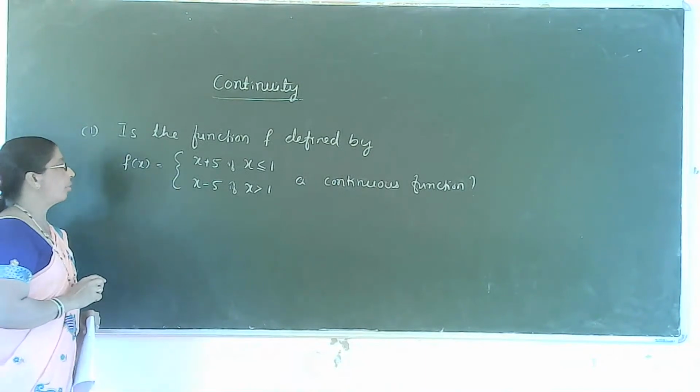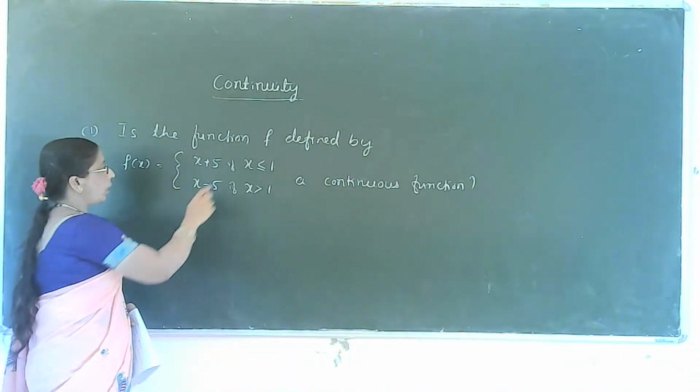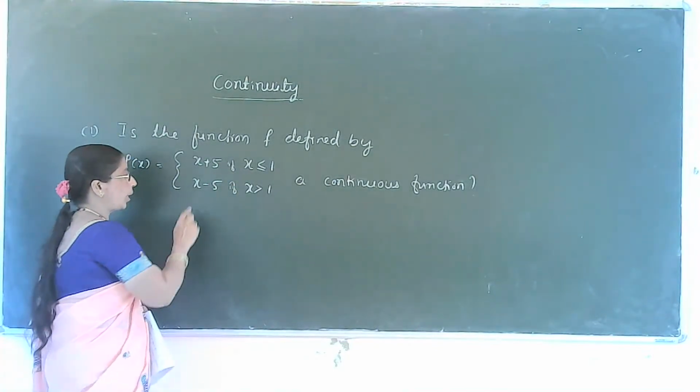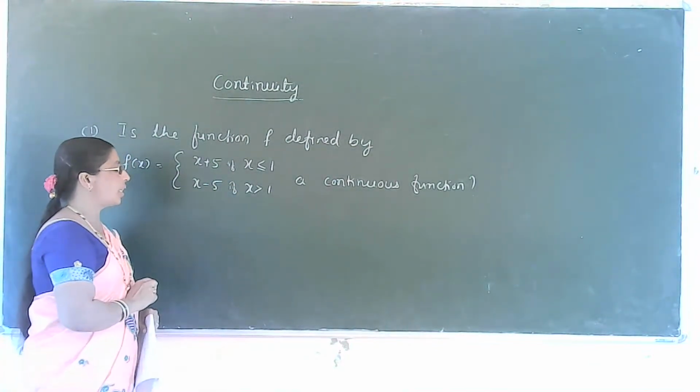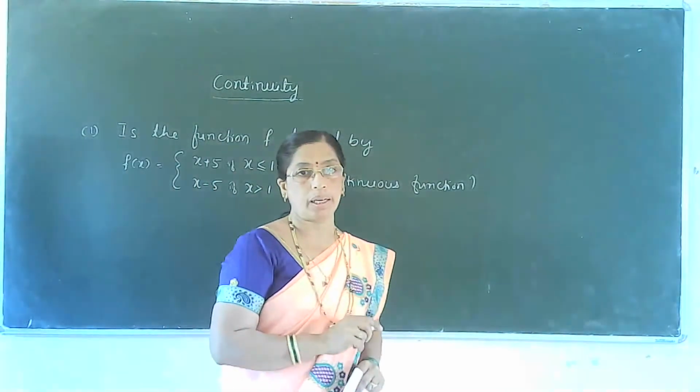Here is the function f defined by f of x equal to x plus 5 if x is less than or equal to 1 and x minus 5 if x is greater than 1. A continuous function is a question mark.